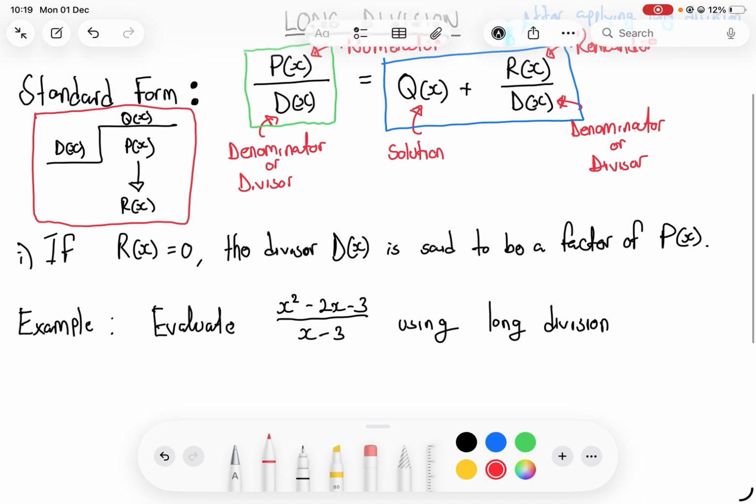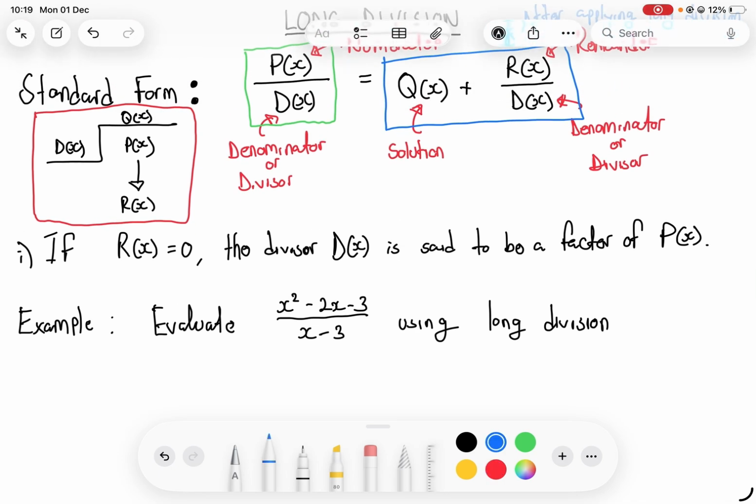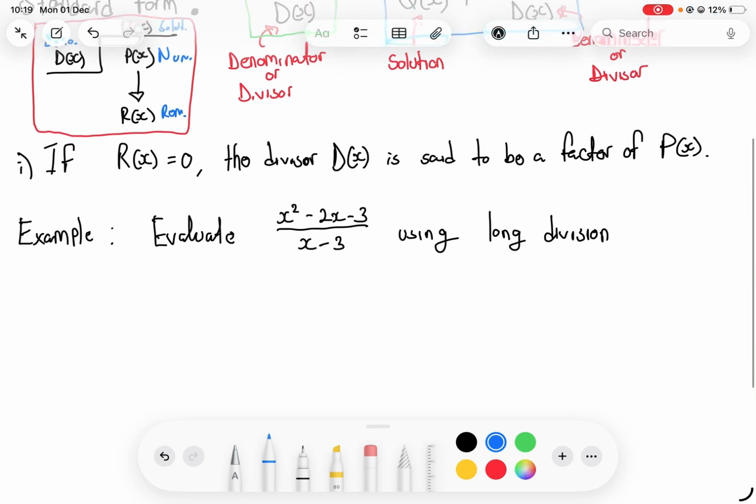So as I had said, that p of x is your numerator and d of x is your denominator, q of x is your solution, r of x is your remainder. Okay, so first things first, we have to express this in this format.